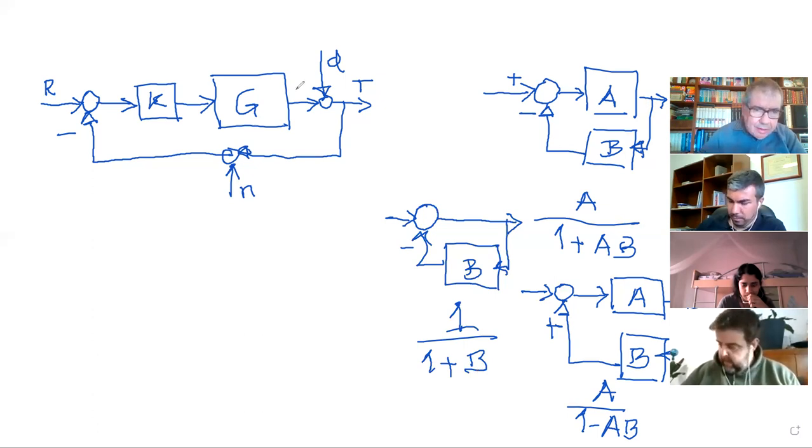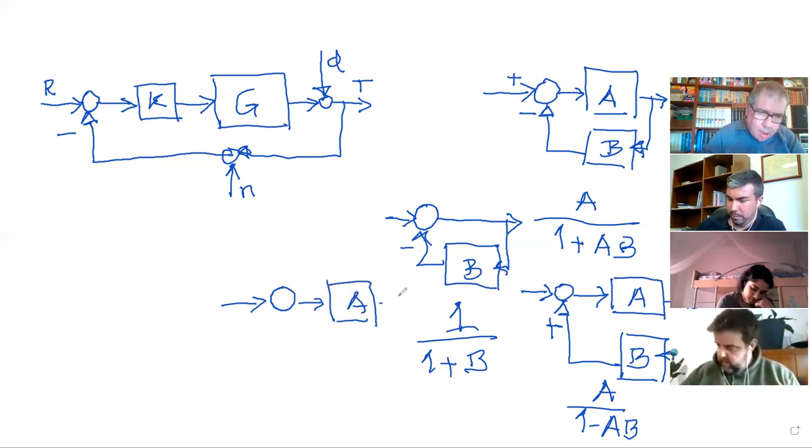What about if I have something which is A and then a feedback with plus minus? This is very easy.